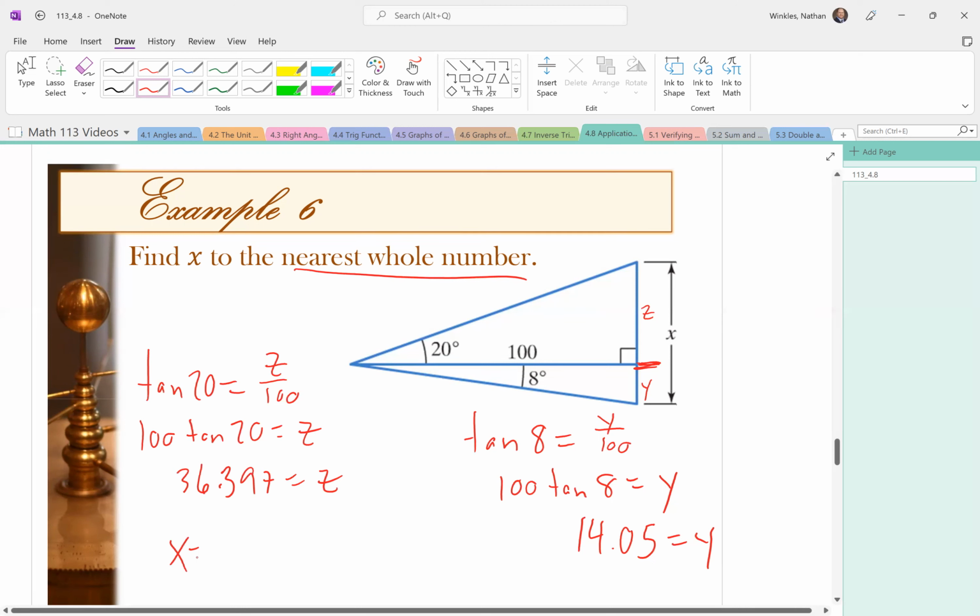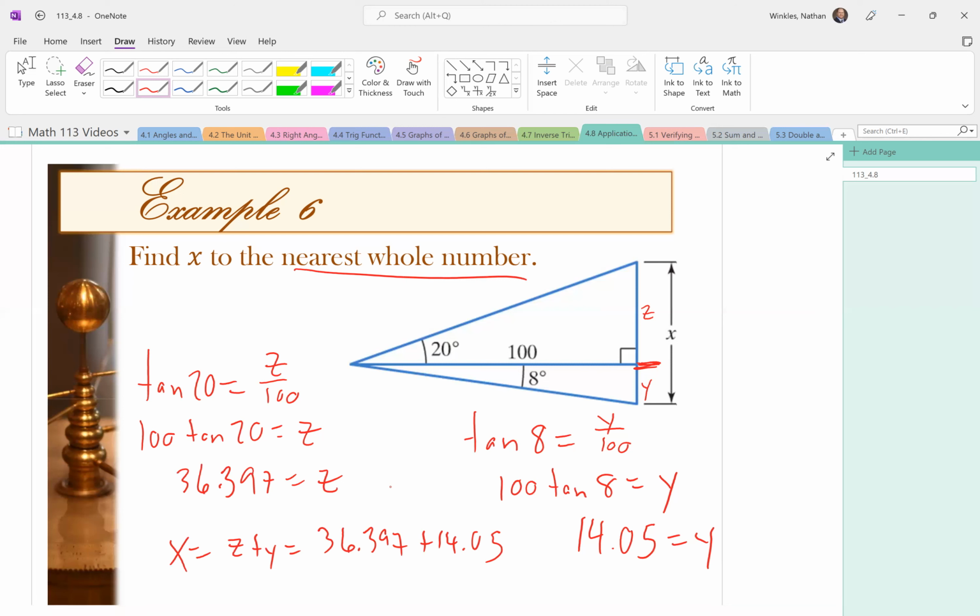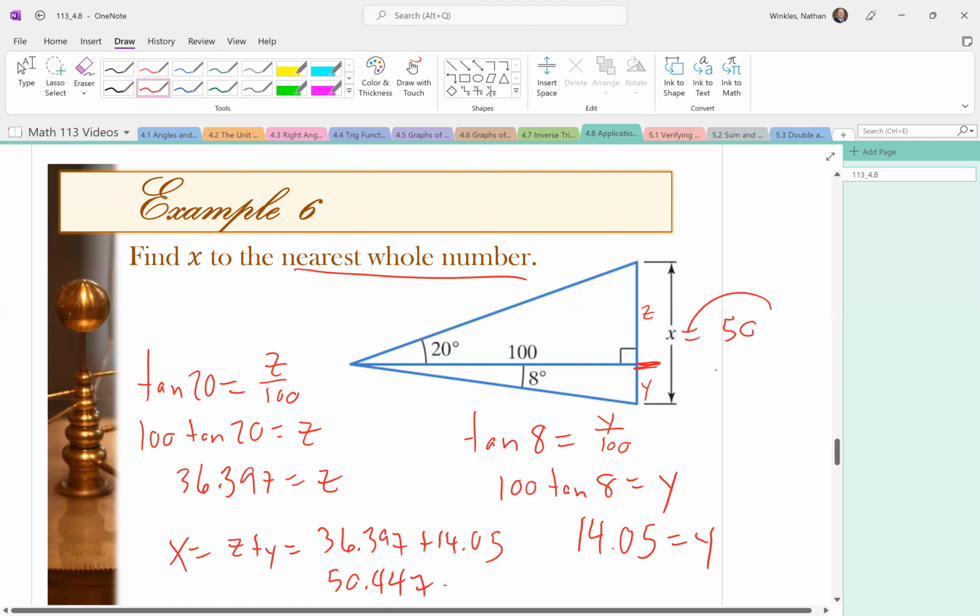Well, x is z plus y. So 36.397 plus 14.05 gives me 50.447, which means that x is 50.